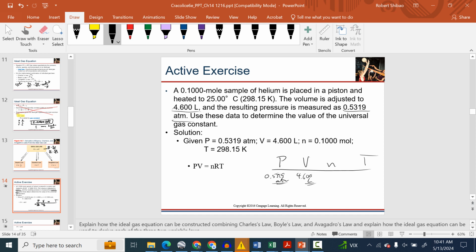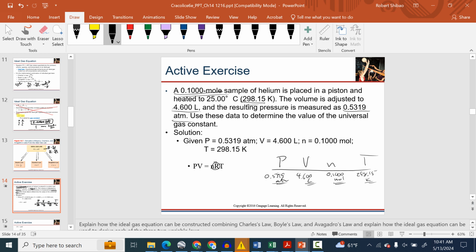The amount of gas is 0.1000 moles, which is also correct, rather than grams or number of particles. And the temperature is 298.15 Kelvin. So we have 4 sig figs, 4 sig figs, 4 sig figs, 5 sig figs.